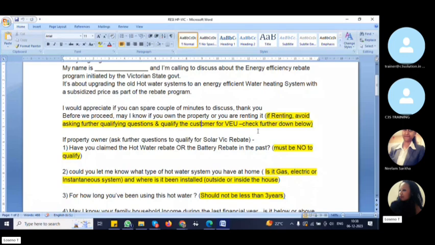Because you do understand that especially the gas hot water systems are phasing out, and will no longer be available for service. So may I know if you have any particular reason for saying that you're not interested? Check with them, right? There's no harm in asking or wanting to know why they're not interested.